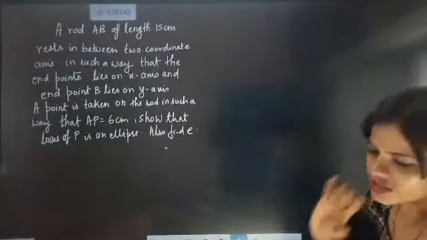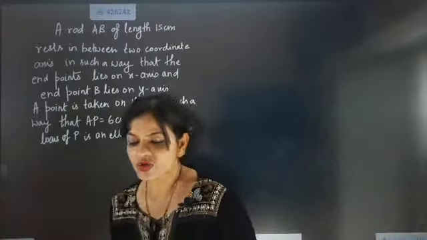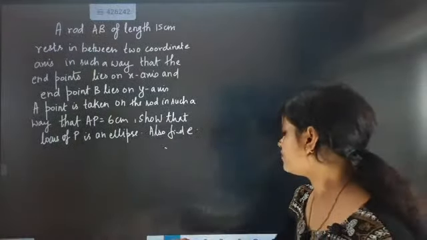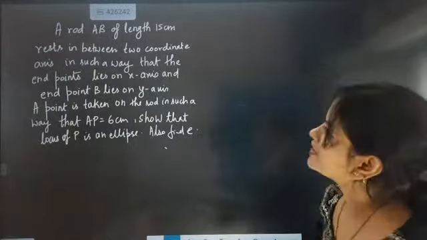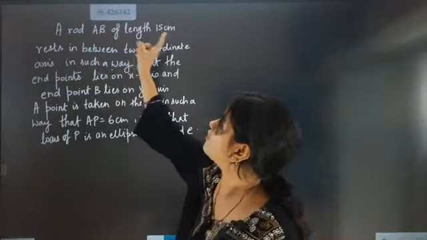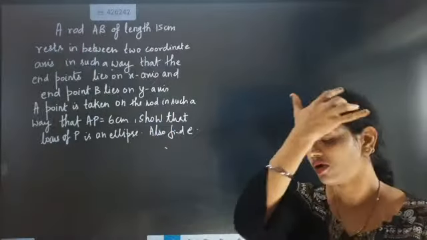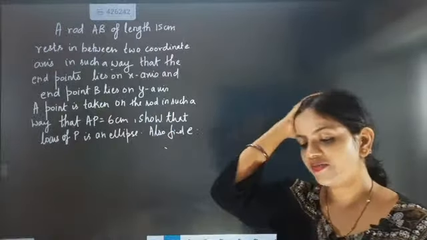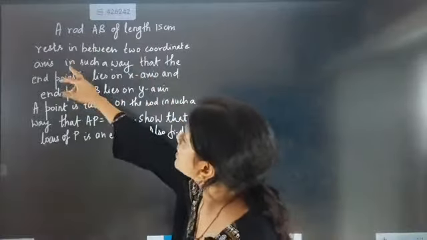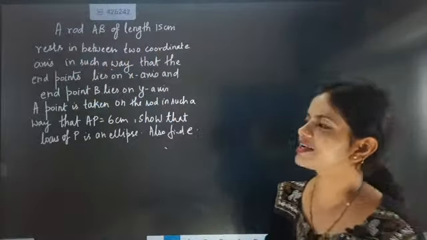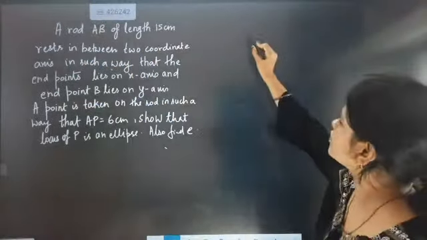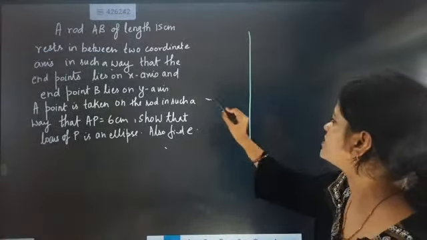So let's understand the question very nicely, beta. What is given in the question, one by one we are going to understand. They are telling that a rod AB of length 15 centimeter. So one rod is there, and the length of the rod is 15 centimeter. After that they are telling that it rests in between two coordinate axes. So first we have to draw the axes and then analyze the question.